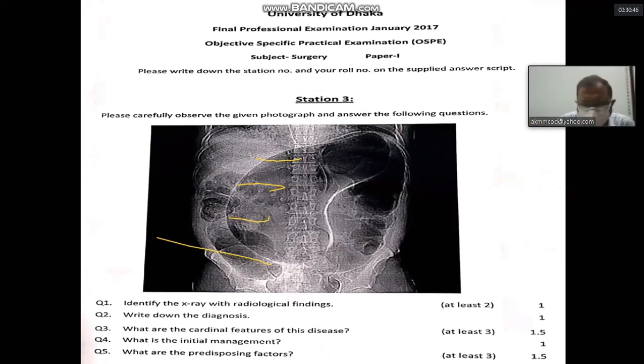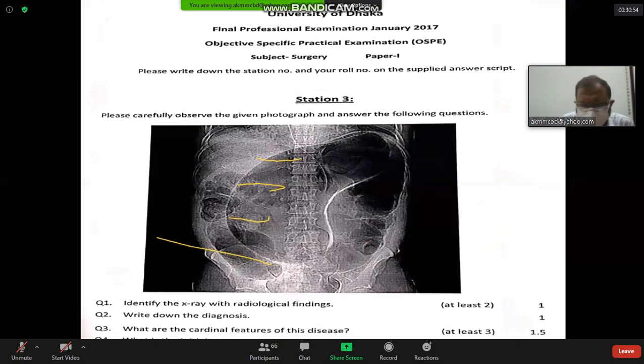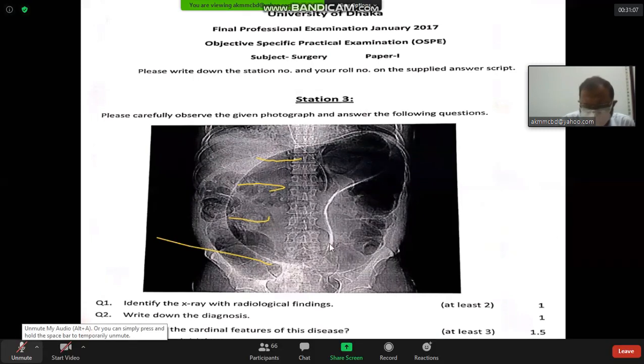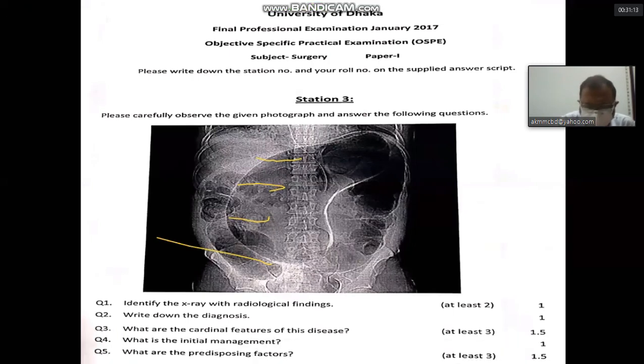This is a plain X-ray of abdomen. Then, what are the findings? There is a huge gas shadow. What is the shape of this shadow? Tire shape. So next question is, write down the diagnosis.